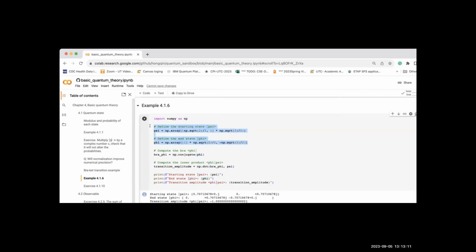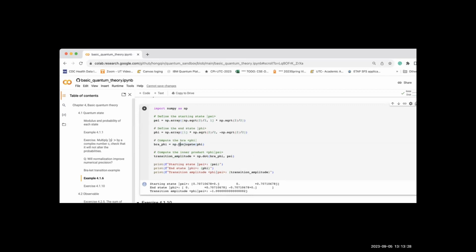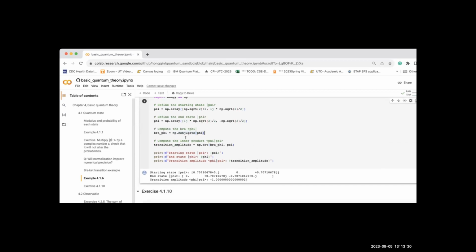Then we compute the bra of phi. We say this is a conjugate. Then compute the inner product of phi and psi.